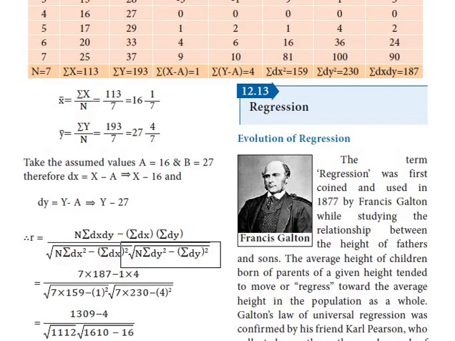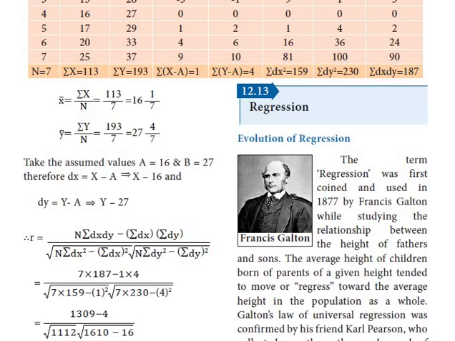When it is sigma dx the whole square, dx total is 1, and you have to square it, into root of 7 into 230. n is 7 there and sigma dy square is 230, that is the total of dy square is 230, minus sigma dy the whole square. So dy total is 4, so 4 square.